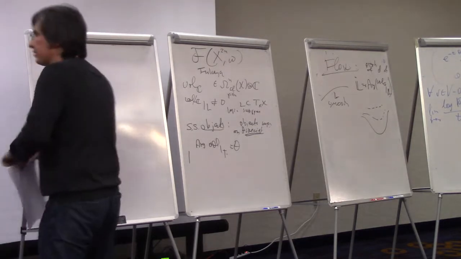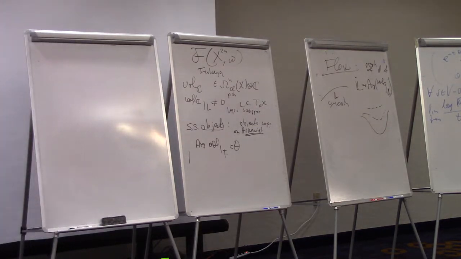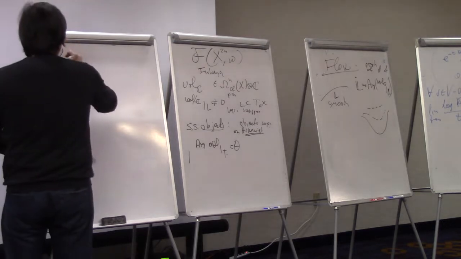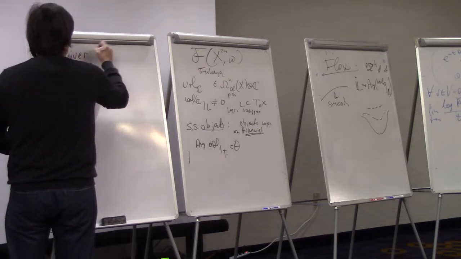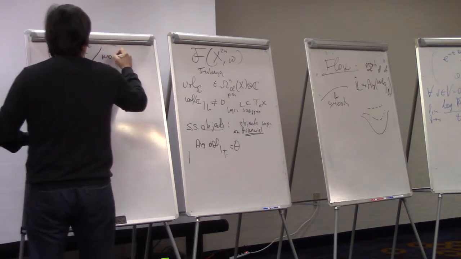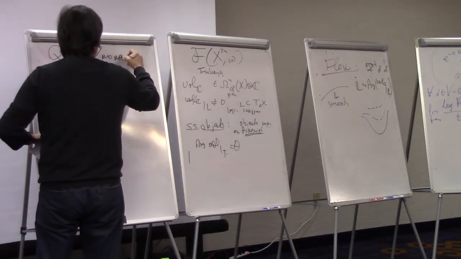Yeah, here it's a complicated ODE, and there is a simpler ODE. Suppose I have a quiver over a non-Archimedean field.